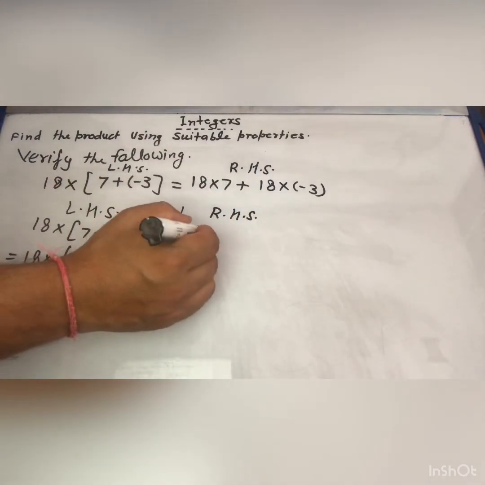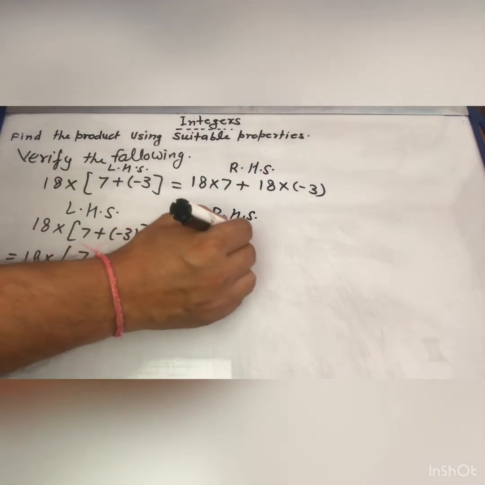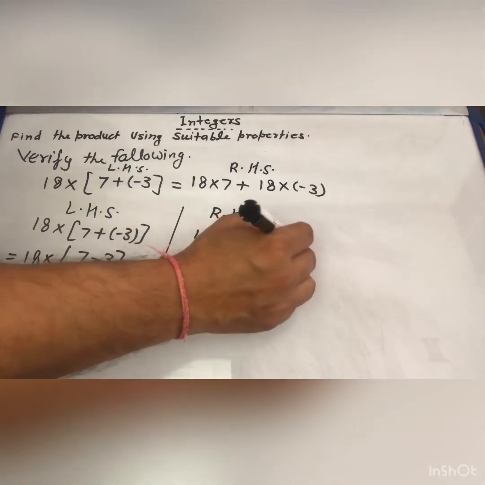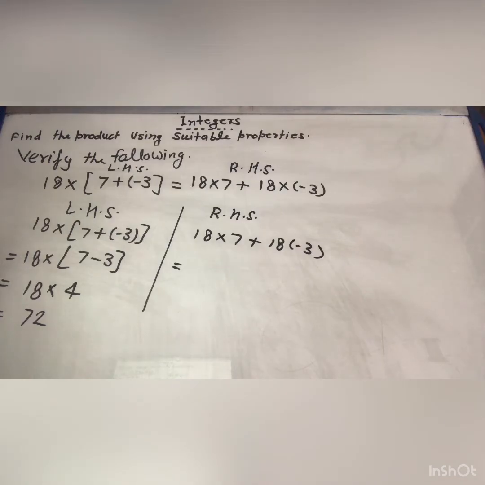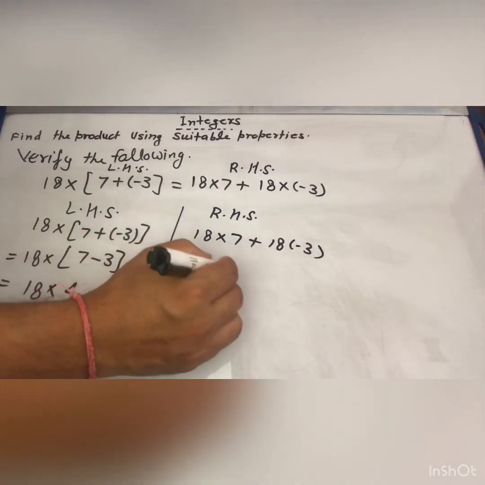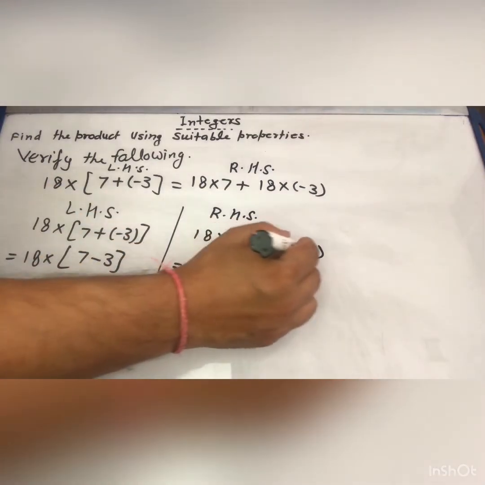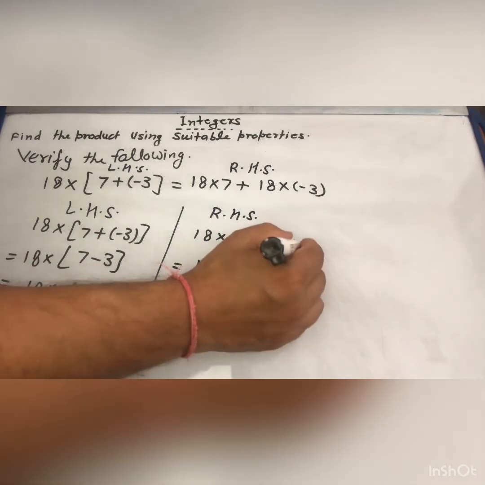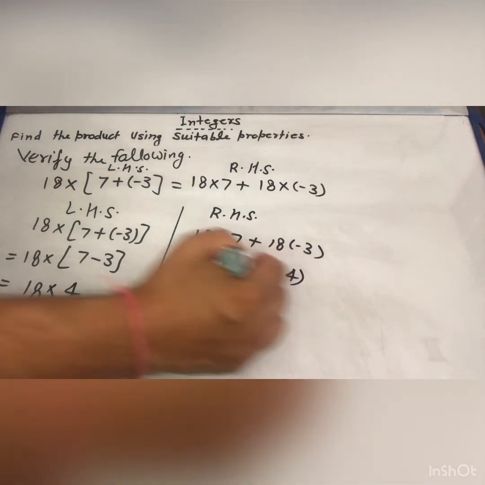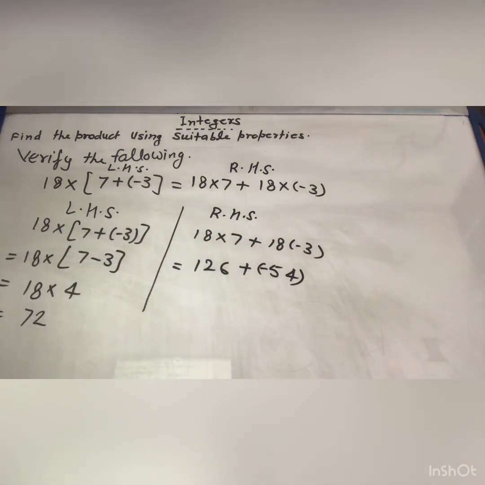Okay, now dear, next part, right hand side. Right hand side is given that 18 into 7 plus 18 into minus 3. So 18 sevens are 126, and plus 18 threes are 54, and here a negative sign is present, so you put the negative sign. So what you get? 126 minus 54.